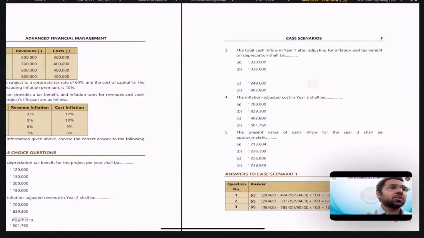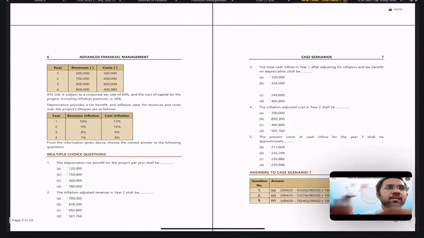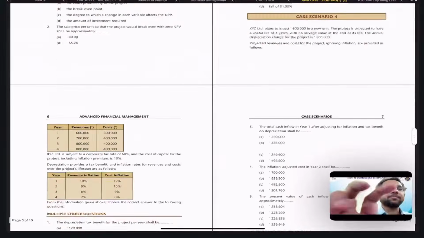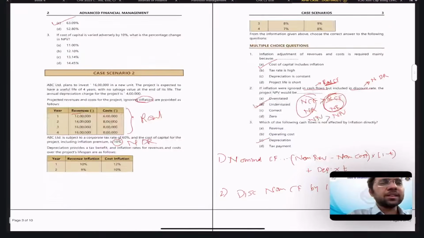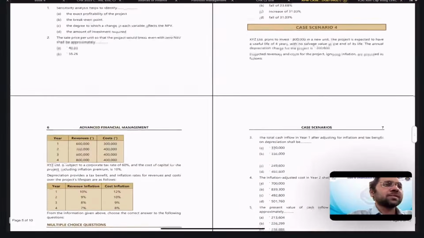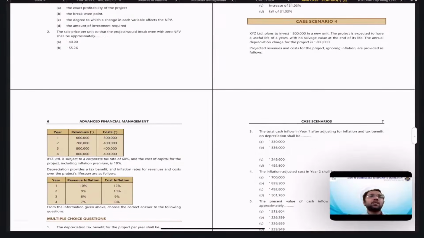So all these things have to be done, but let's solve it like we did case scenario 2. Let us first solve it fully. Get the NPV, guys, and then we'll look into the options. Try to get the NPV.